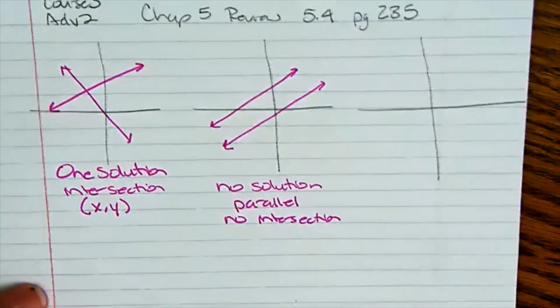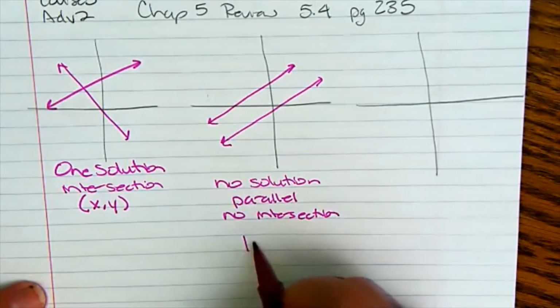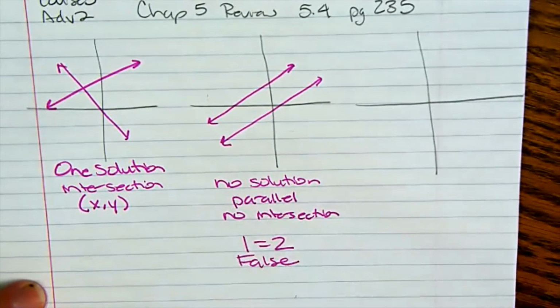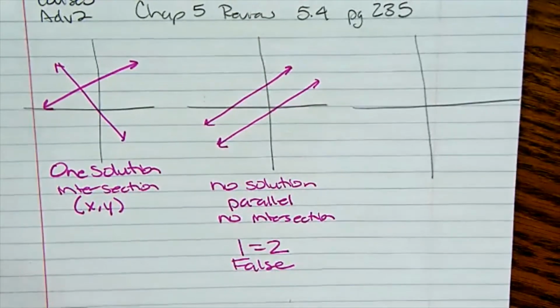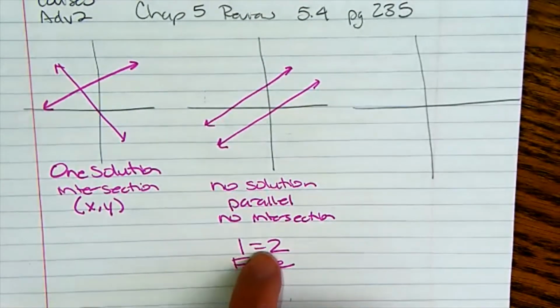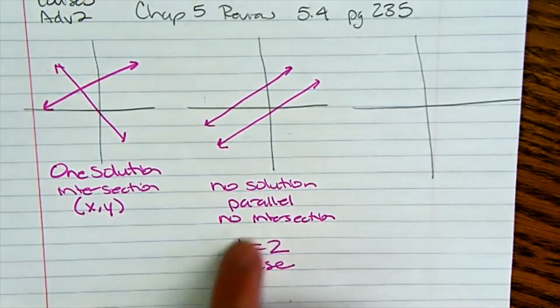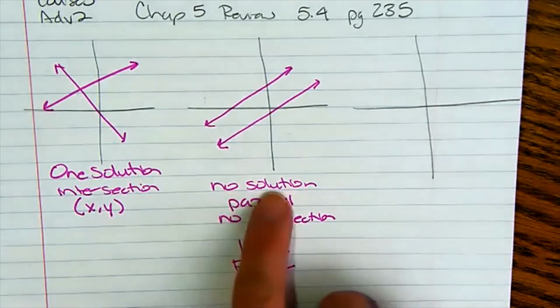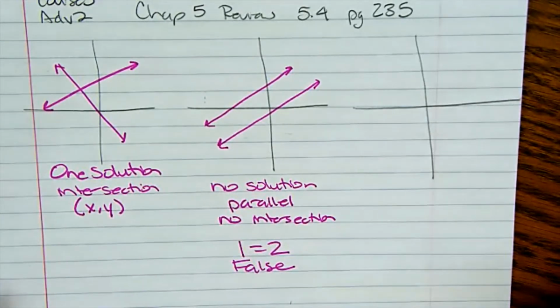And when you solve the equations, you end up with something like this. You end up with a false statement. 1 is not equal to 2. Therefore, this is a false statement. And that's what it looks like when there's no solution.